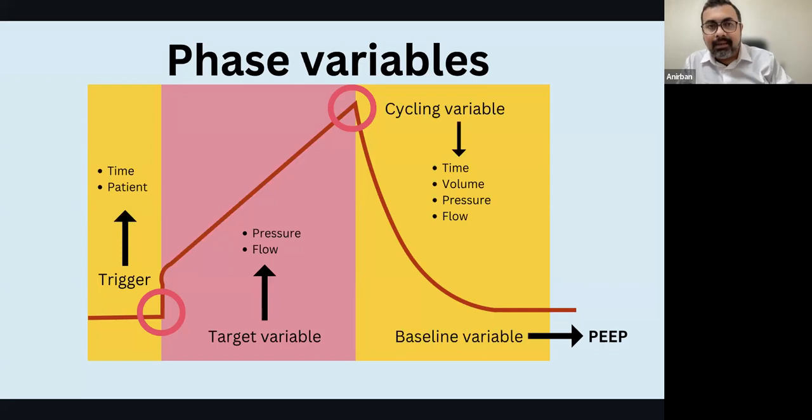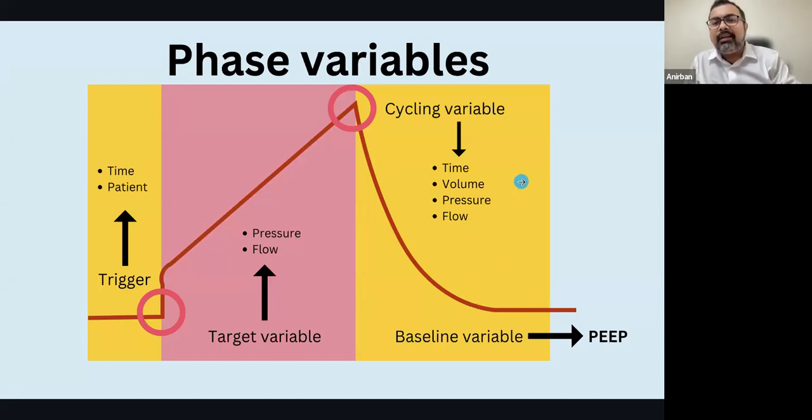So this is the descending ramp flow. You are able to set at what percentage of the initial peak inspiratory flow the ventilator should cycle to expiration. So this is flow cycle, and it is usually seen in the spontaneous modes of ventilation, right?